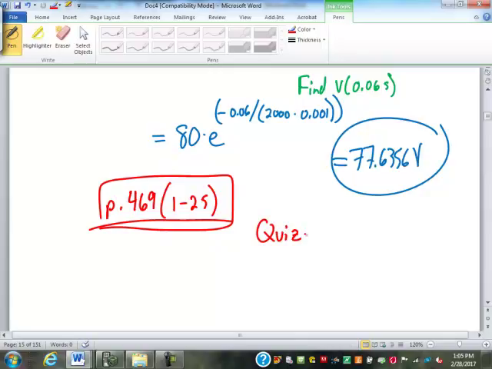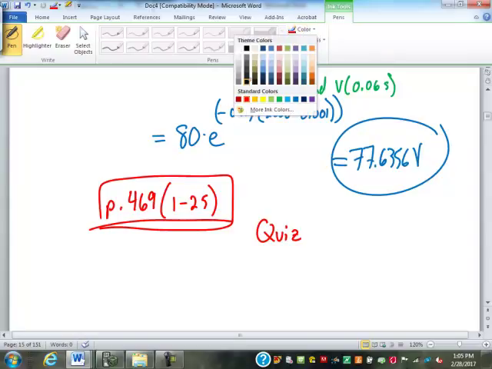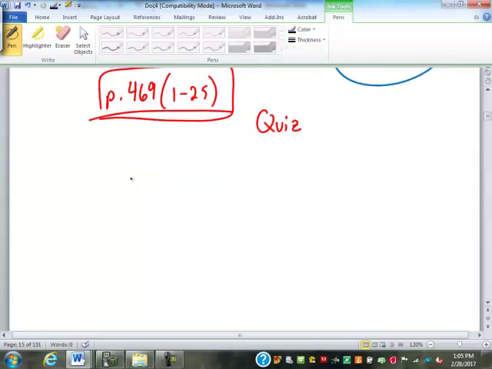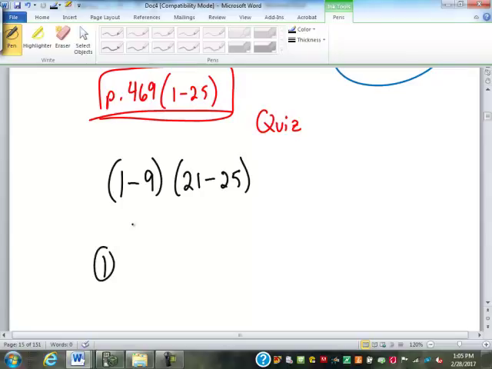Let's have you do 1 through 9 there to graph, and then skip up to 21 through 25, because that's a lot of graphing. But for number 1, let's do that together right now quick.